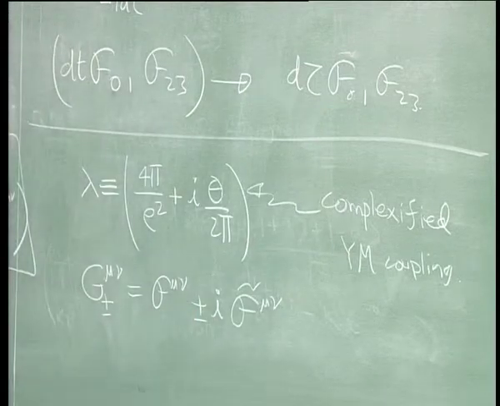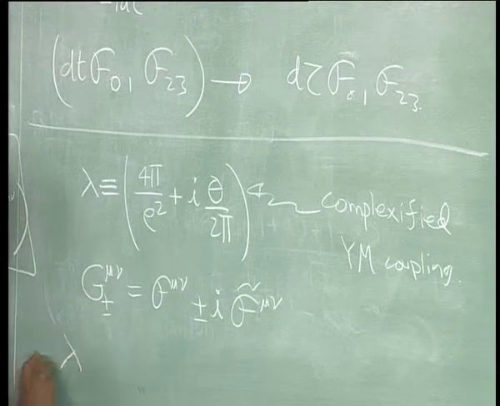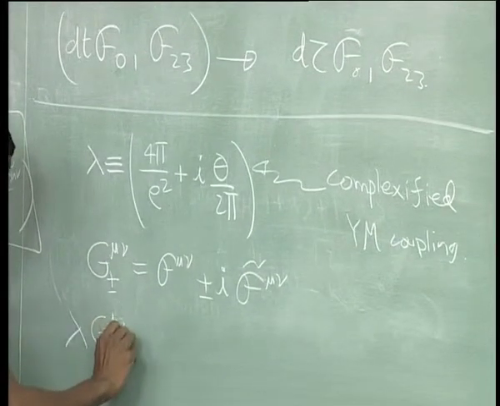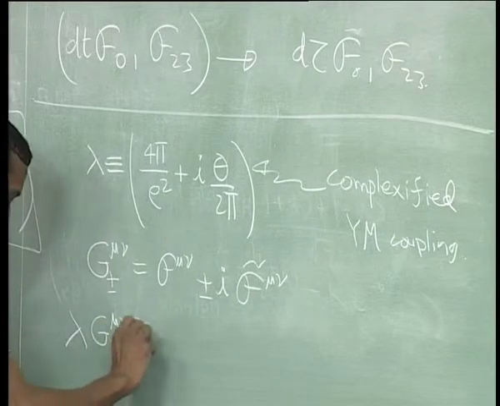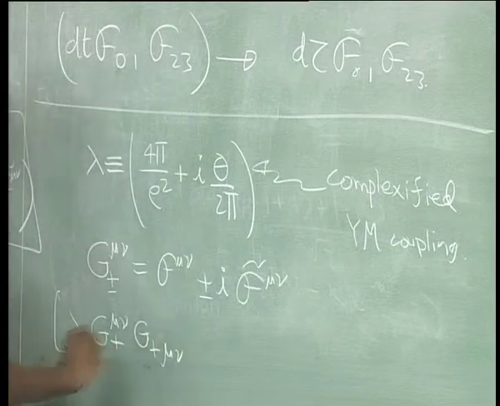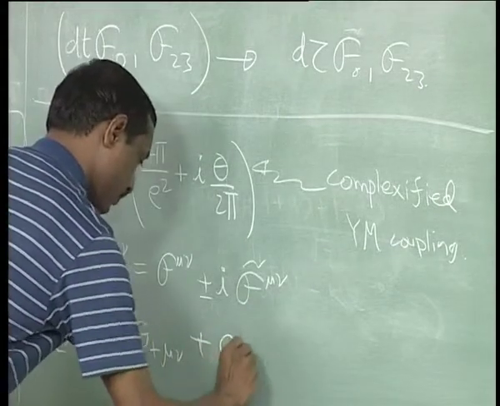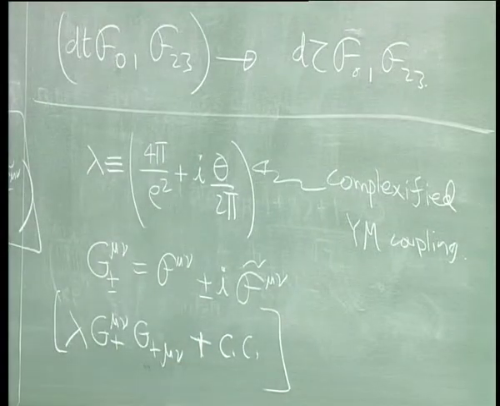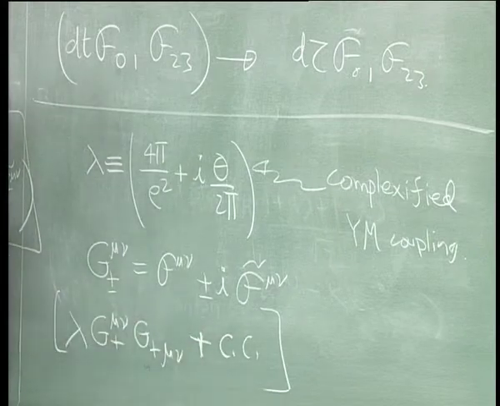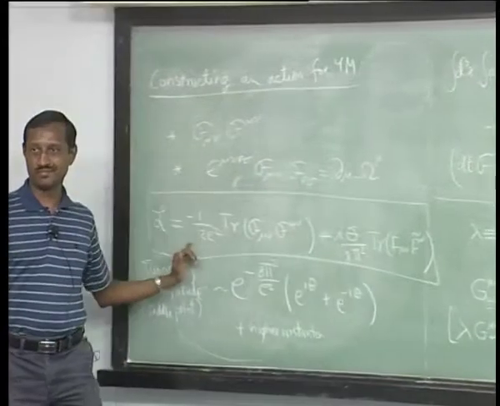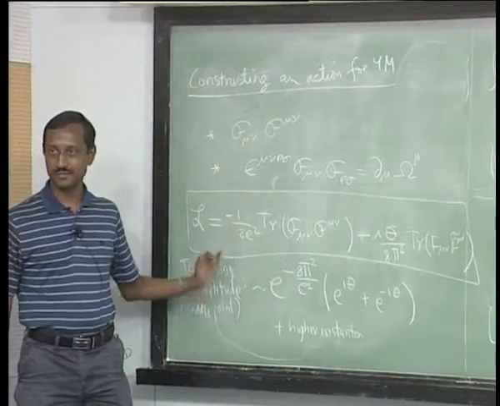Up to factors you can just write this as lambda G mu nu plus squared, now I am writing this from memory, plus complex conjugate. If you write this out, what you will get is this action with a complexified coupling.